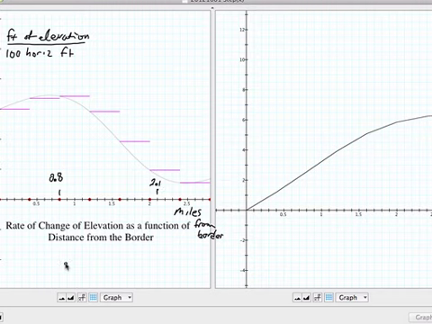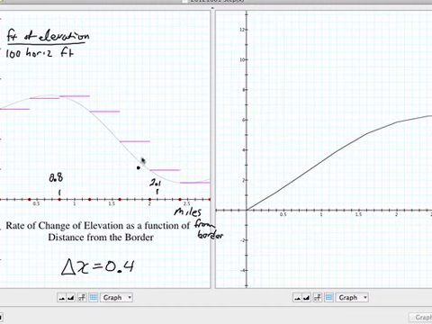And here, I'm showing a delta x of 0.4. So I want you to write two expressions. The gray here is the actual rate of change function, and the pink is the approximating. So using the pink approximating function, I want you to write the accumulated feet of elevation from 0.8 miles from the border to 2.1 miles from the border.